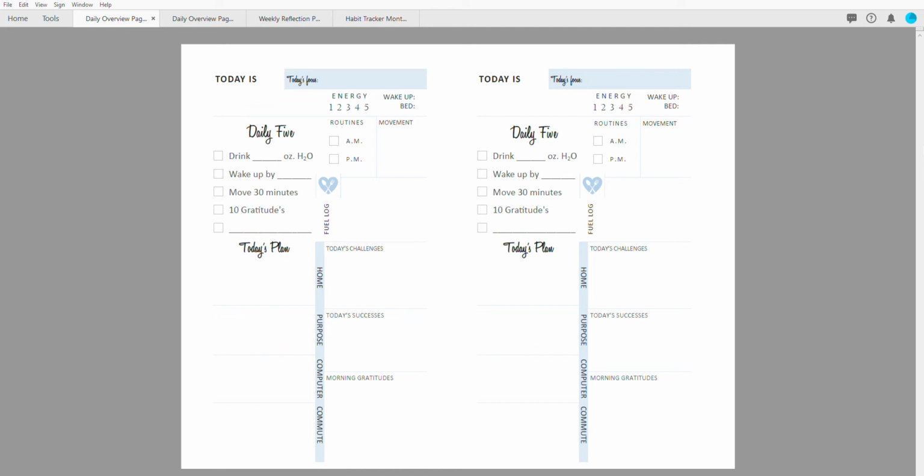There's some statistic out there, I can't think of exactly what it is, but it's basically that most of us are walking around chronically dehydrated, and we don't understand the impact that has on our cognition, on our memory, on our energy. And so hydration is a key part of our daily 5. And that's why we are doing that. We are being intentional about hydrating our bodies and our brain.